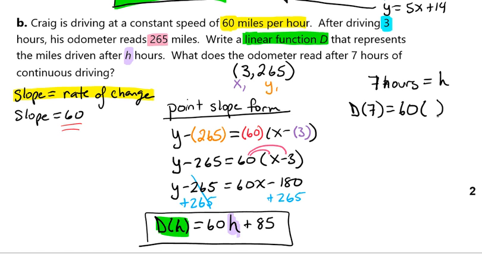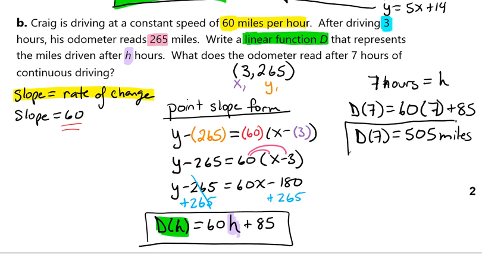So 60 times h plus 85, and this is where we'll plug our 7 in. So if we take our calculator and we take 60 times 7 plus 85, then we should see that the distance after 7 hours is 505 miles. So that's going to represent our second answer because it asked us to do two things.